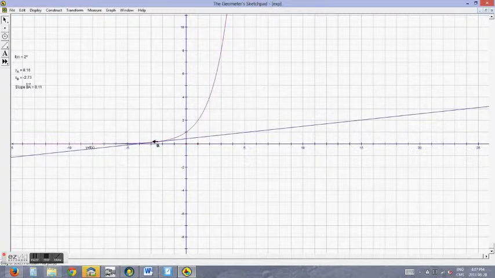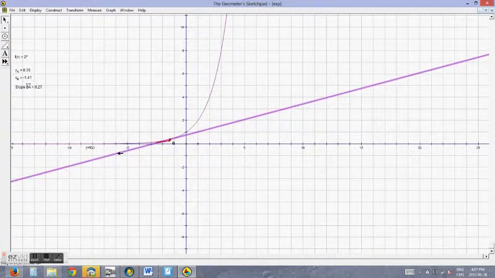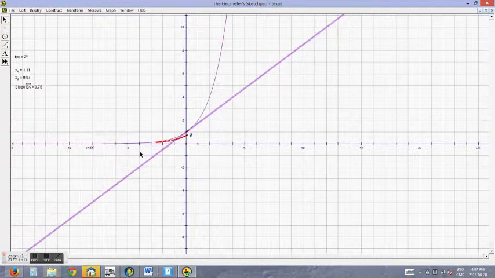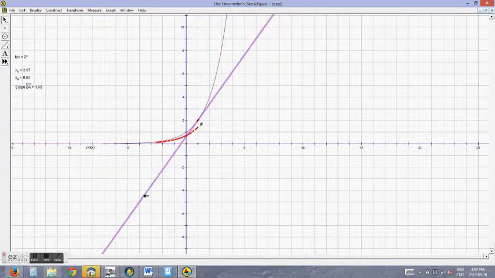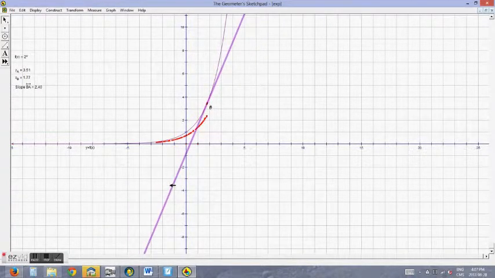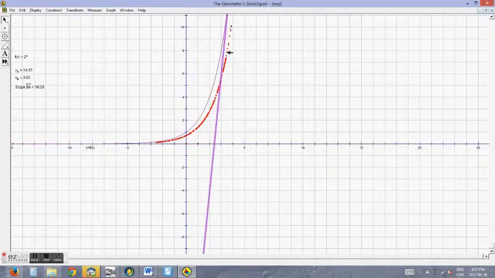Let's move this curve. You'll see that I have this other point here that represents the slope of the curve. What we're doing is we're scribing out a function that is our derivative. So it's going to be the value of the slope.